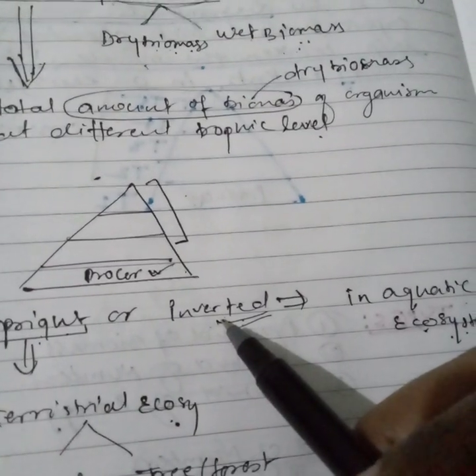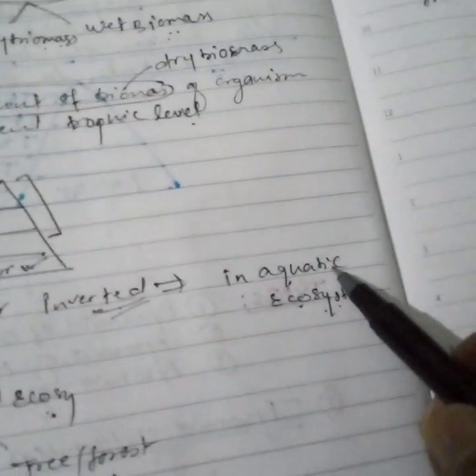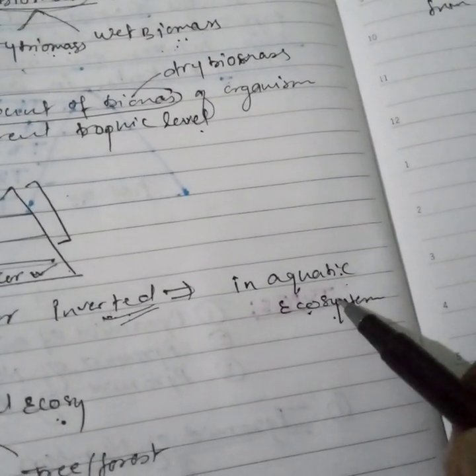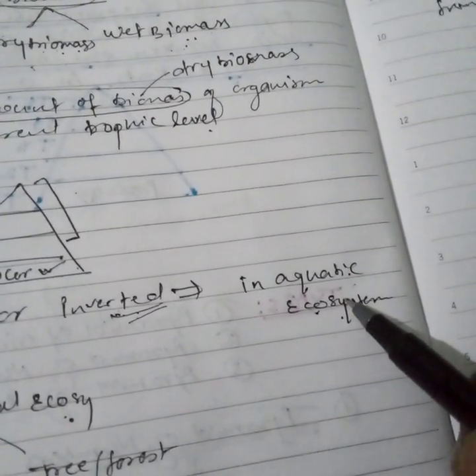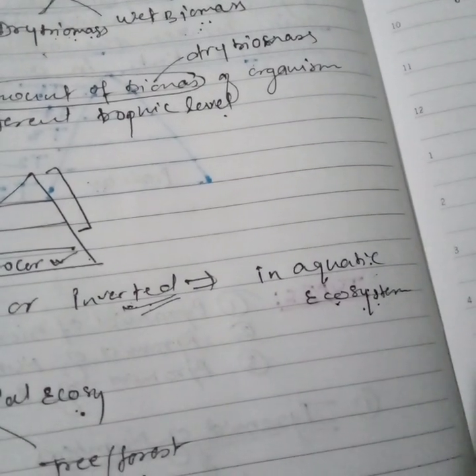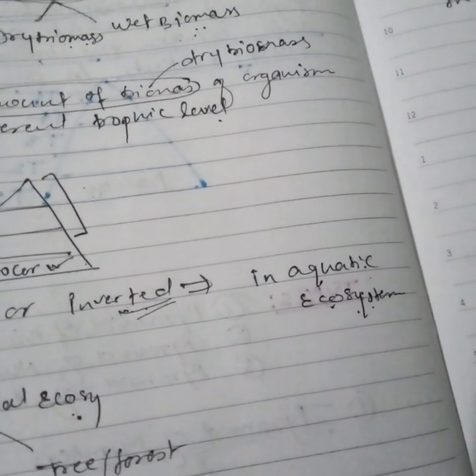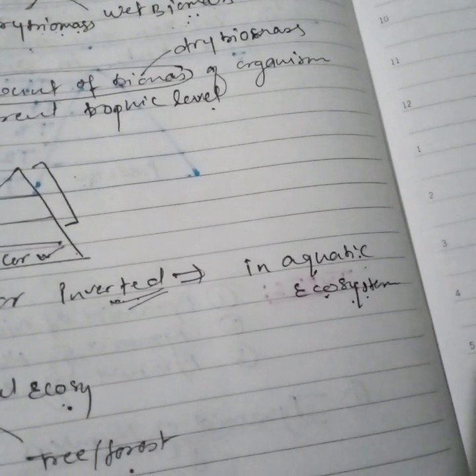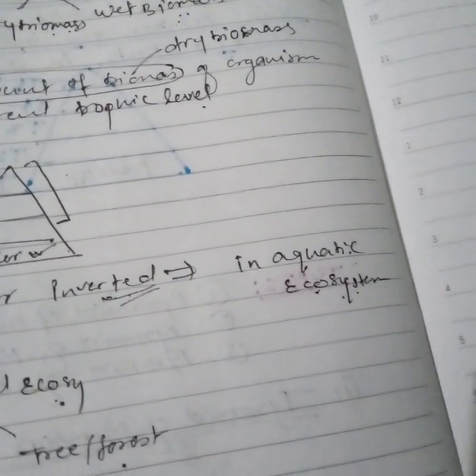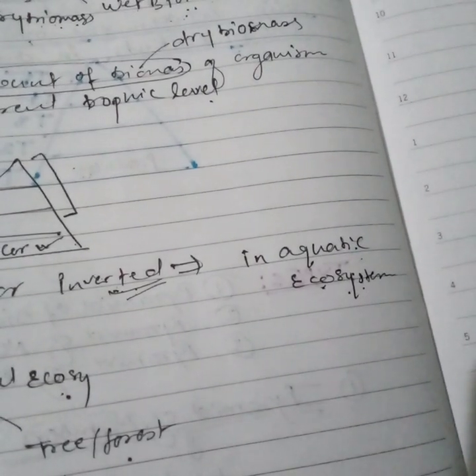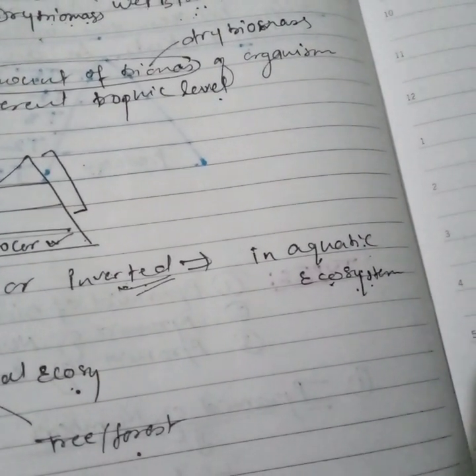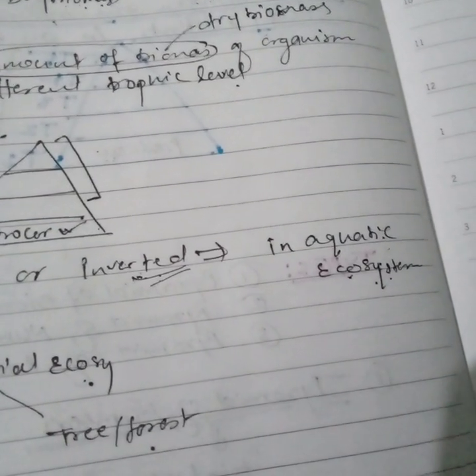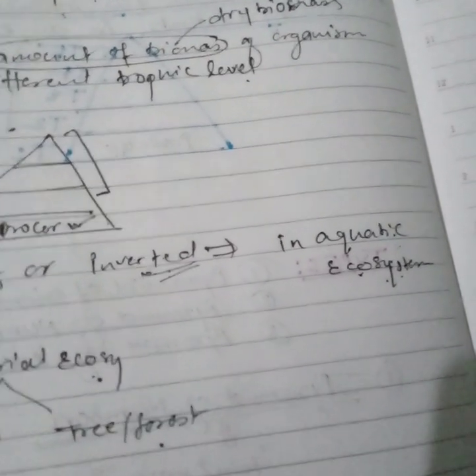Why inverted? Because in aquatic ecosystem, phytoplanktons are present, and as we know, aquatic ecosystem contains smaller size organisms, meaning phytoplanktons. When the size of phytoplanktons is very small, their biomass is also less.